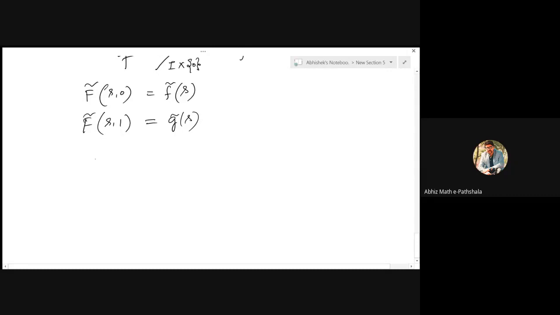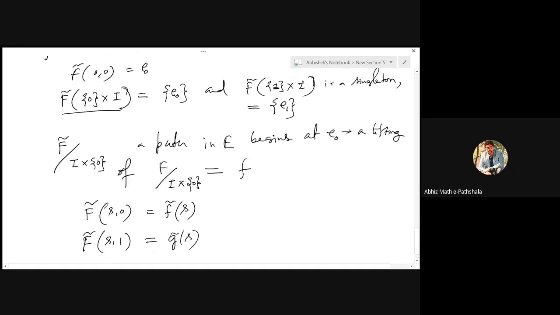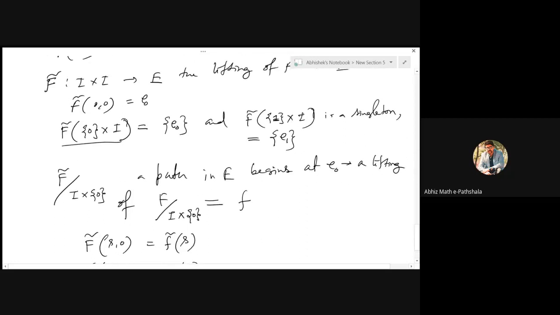Now these are equal, because you have already proved that this is a singleton set, and this is e1.